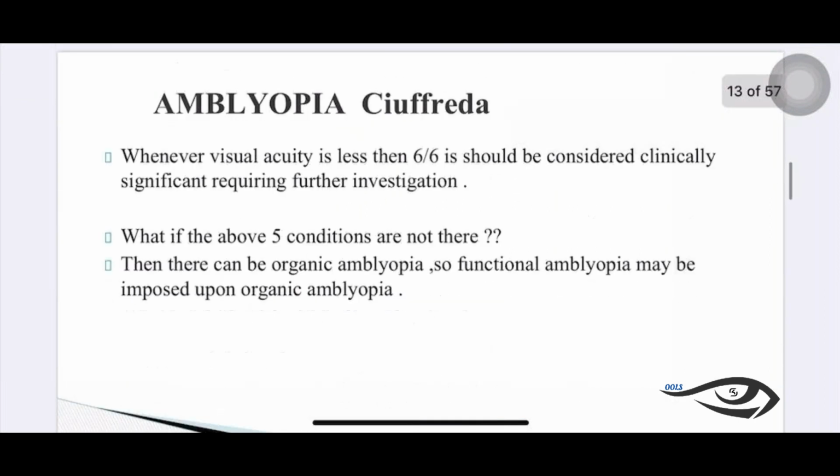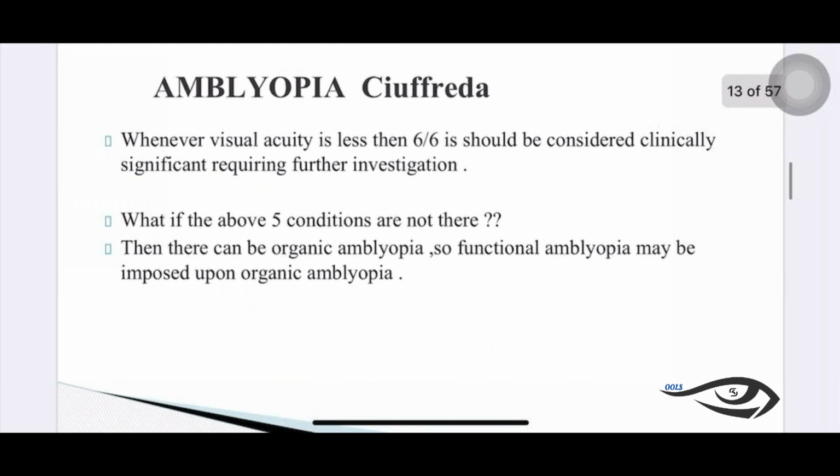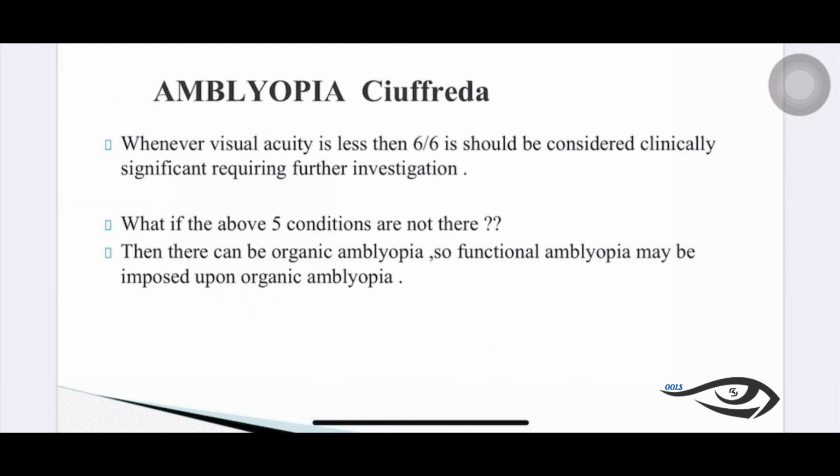One more thing he suggested: whenever there is visual acuity less than 6/6, clinically significant, requiring further investigation. If all these conditions are there, and you feel the vision of the patient is less than 6/6, you should think about further investigation.